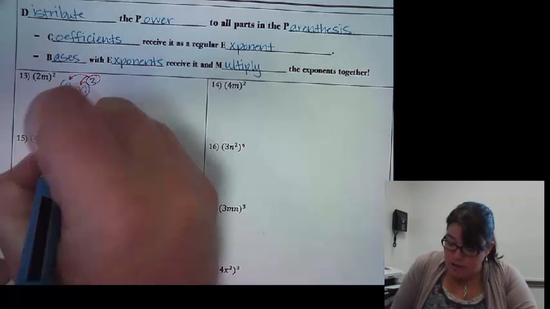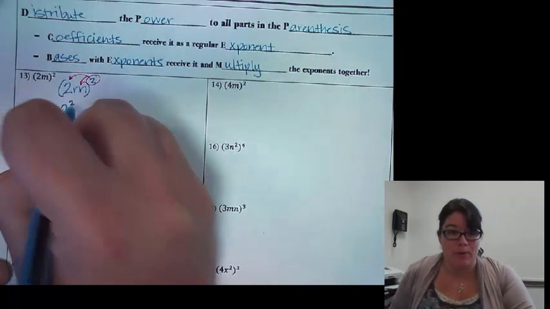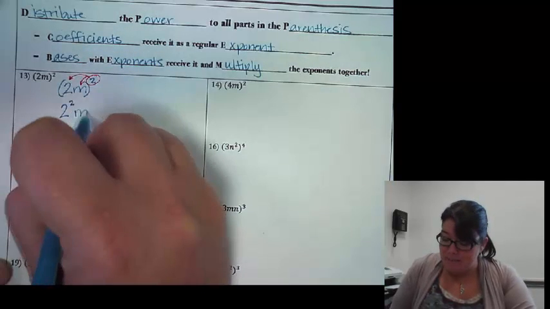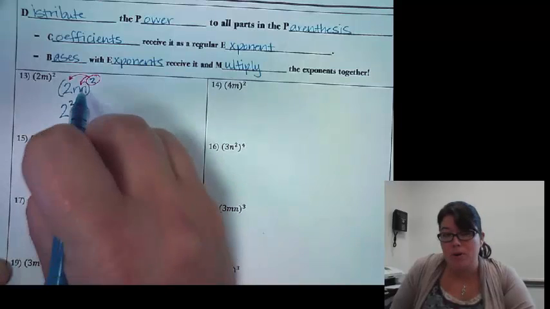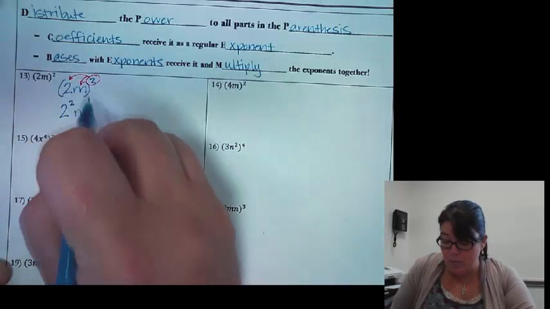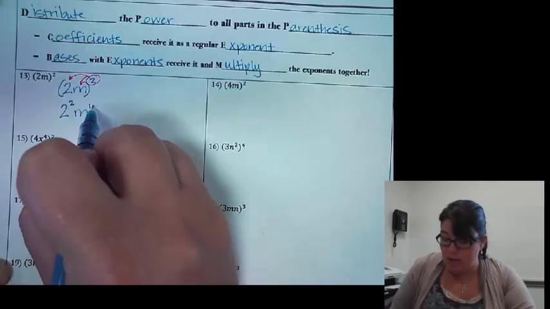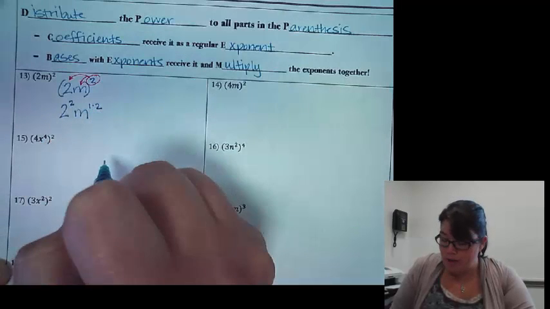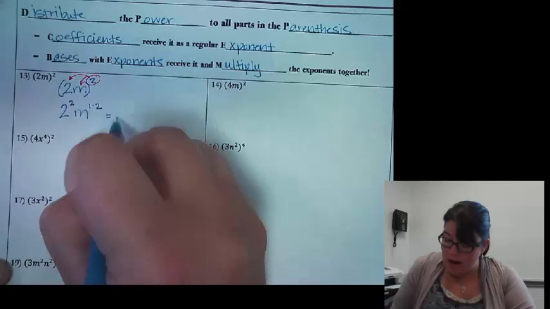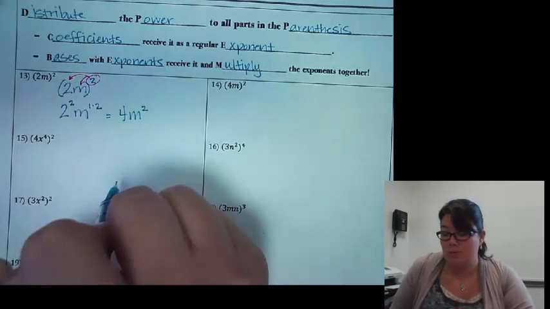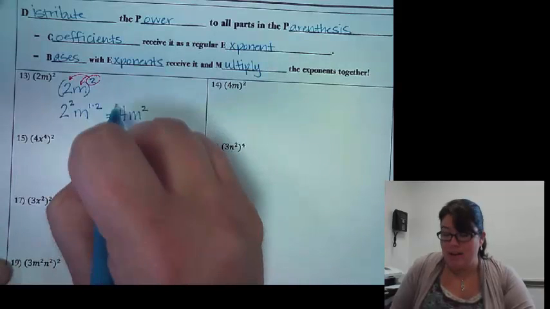Well, the coefficient is just going to receive it as a regular exponent. So I have 2 squared. The variable, the base, I have to multiply by the exponent that's already there. Since there isn't one written, I know it's just 1. So it'll be 1 times the one that I'm distributing, 2. So 2 squared is 4, and it'll be m to the second power because I just distributed and multiplied. And that's my final answer.